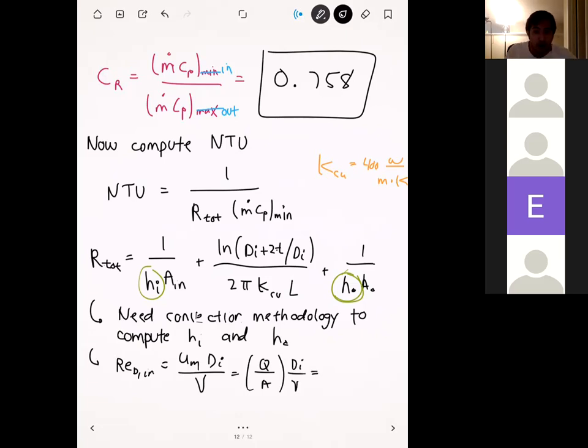And so we plug all that in, and what we get is 15915.5. All right. And so since this is greater than 2300, we know that this flow here is turbulent. Right? And so that's going to tell us which Nusselt number correlations we're going to use. Okay.